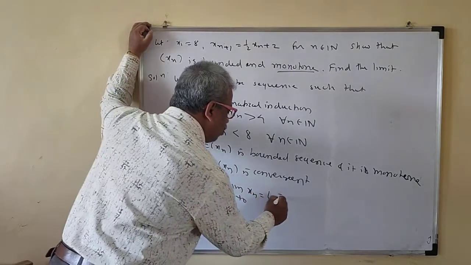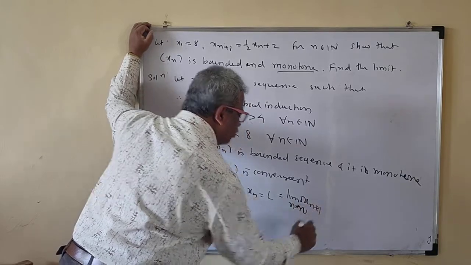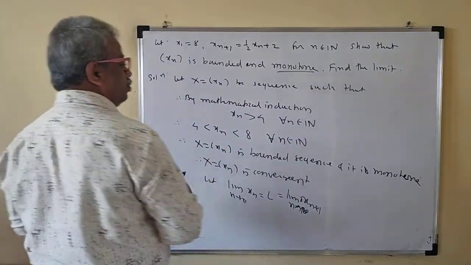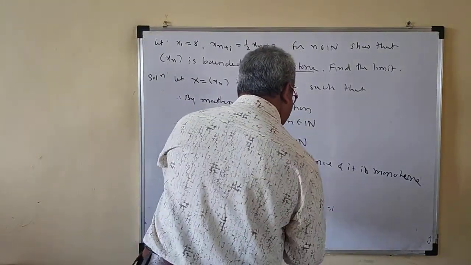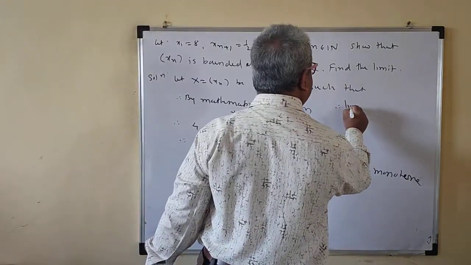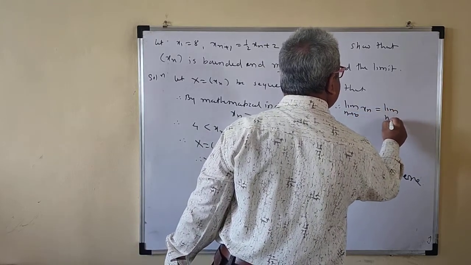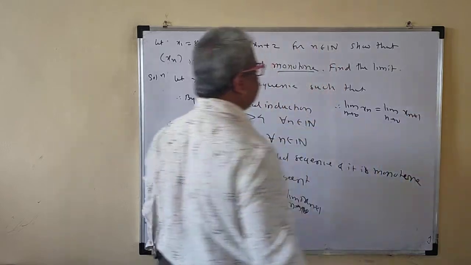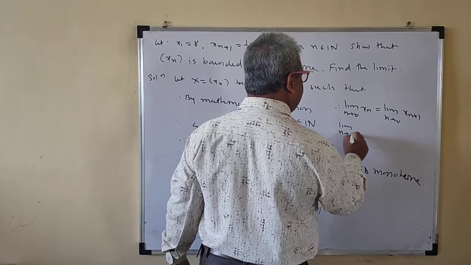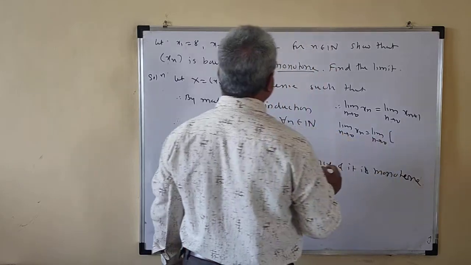Okay? So this is also true for limit n tends to infinity, xn plus 1, and this is equal to L now. So therefore, limit n tends to infinity, xn is equal to limit n tends to infinity, xn plus 1. What is your xn plus 1?